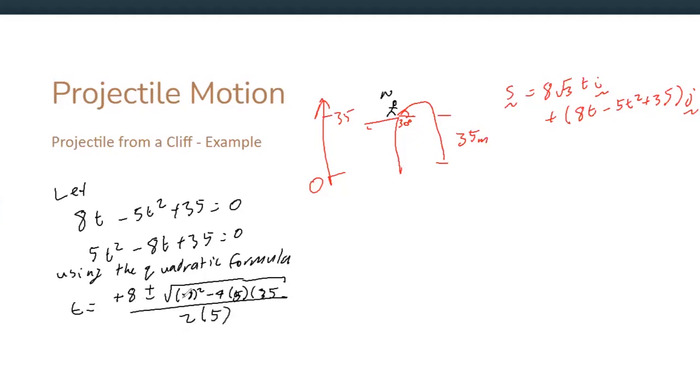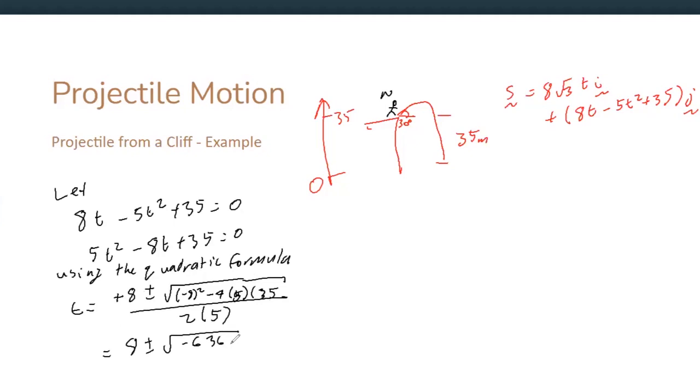All right, so now we can start putting this into our calculator. So we get 8 plus or minus the square root of 64 minus 4 times 5 times 35.